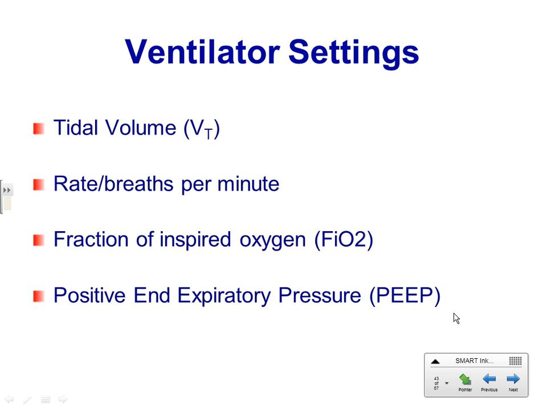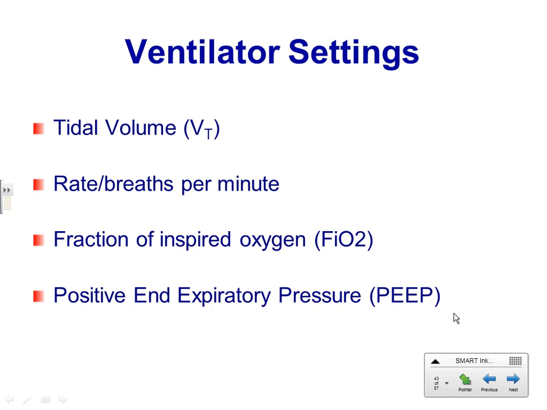FiO2, very common setting that's going to change a lot with the patient. So what is FiO2? What does it mean? Right. Fraction of inspired oxygen. It's the percentage of oxygen that the patient's going to be delivered.